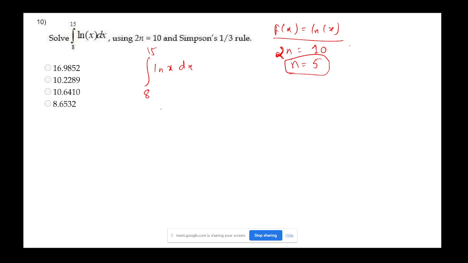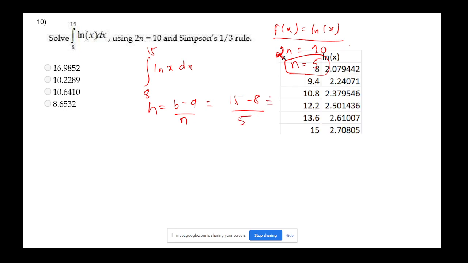So n is 5. So if you want to find out the difference between two points, what you will do is h equals b minus a over n. So 15 minus 8 upon 5, it will come out to be 1.4.